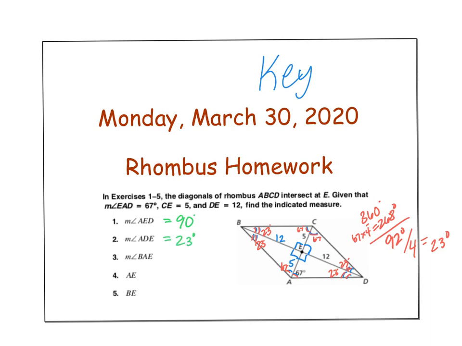BAE is 67 degrees. And then segment AE is 5, and segment BE is equal to 12.